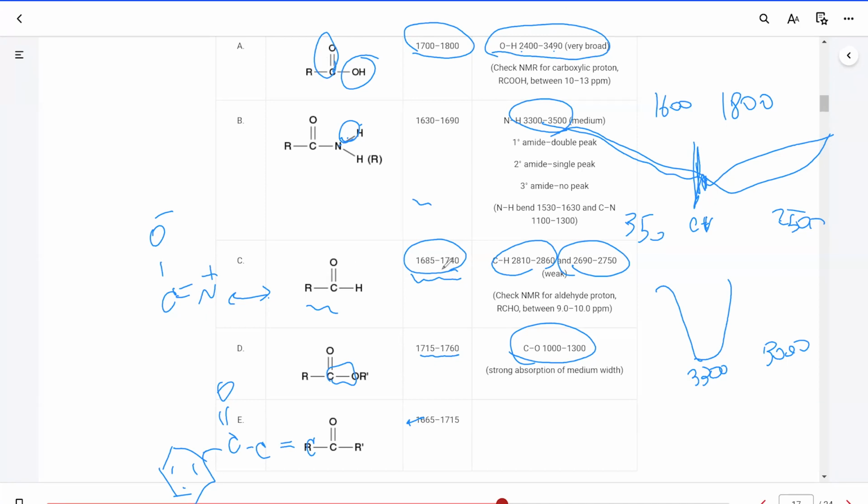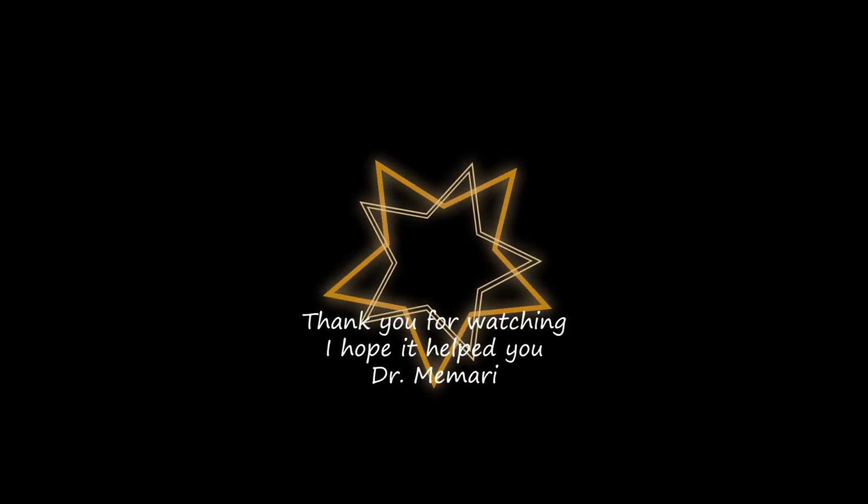If it's an aldehyde, we have a number set: 1,700, 2,700 and 2,800. If it's an ester, there is a peak around 1,730 to 1,740 and one around 1,100. And for ketone, you have only one number, not a number set, around 1,700.